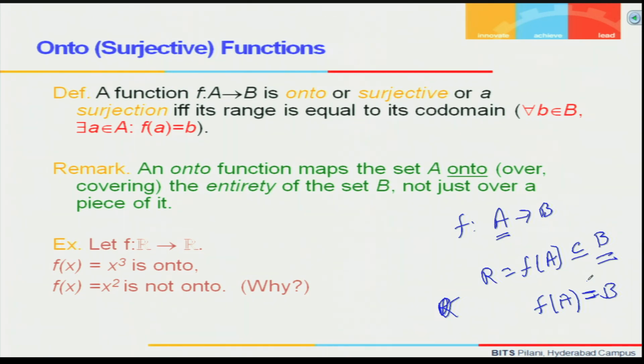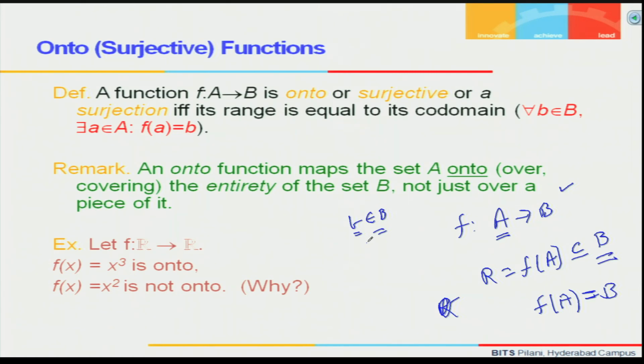Equivalently, if every element in B has a pre-image in A, then we say the function is onto, otherwise not.